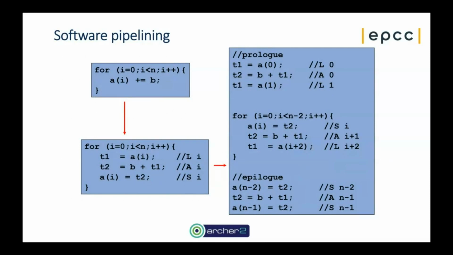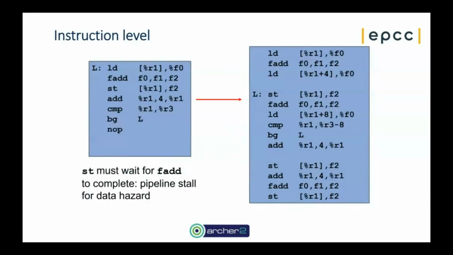So the compiler will be doing quite complex things under the hood to mix these load, addition and store phases, so that it can build a pipeline which can run without dependencies, rather than one where each time round we're dependent on waiting for some result to be calculated before we store it, leaving gaps in our pipeline. But this is just an example of the kind of things the compilers are doing under the hood.